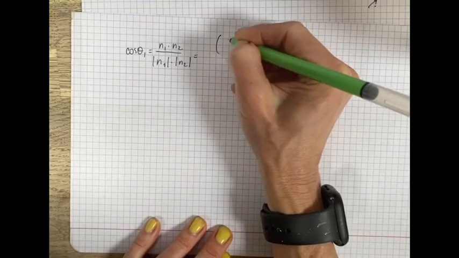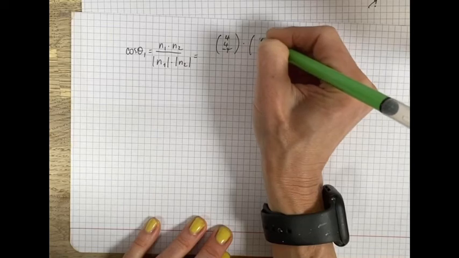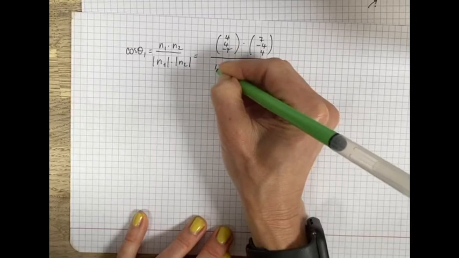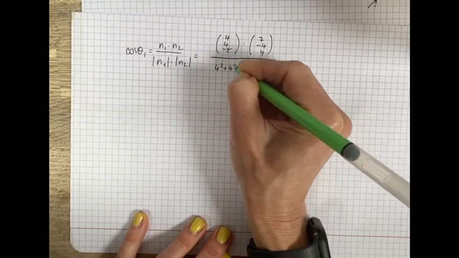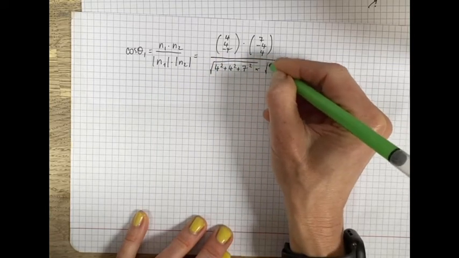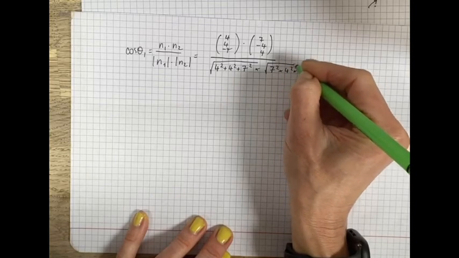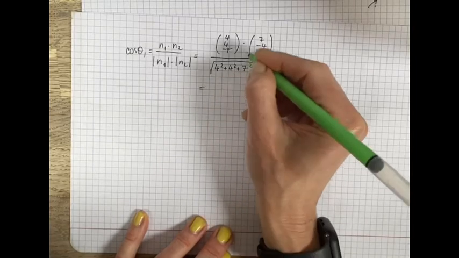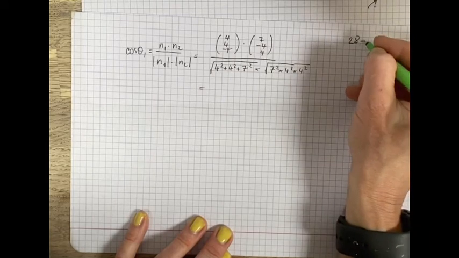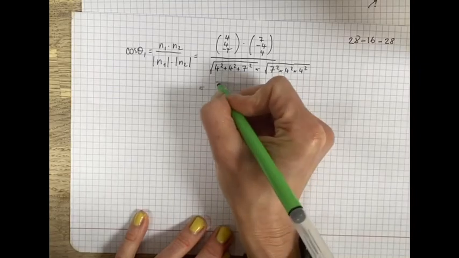The n1 is (4, 4, -7), and n2 is (7, -4, -4). Here we've got 4 squared, add 4 squared, add 7 squared, and this one is 7 squared, add 4 squared, add 4 squared, exactly the same. Okay, so here we've got 4 times 7, which is 28, 4 times minus 4, minus 16, and then minus 28. So that gives me minus 16.